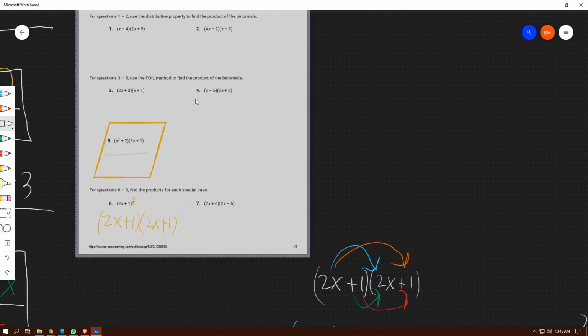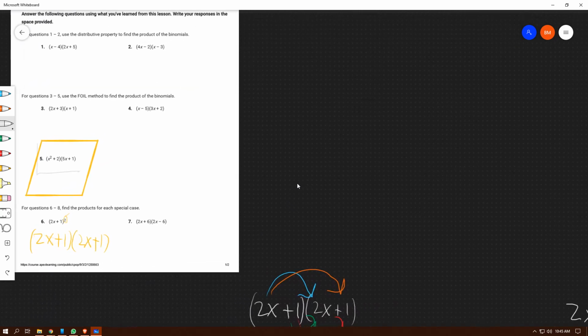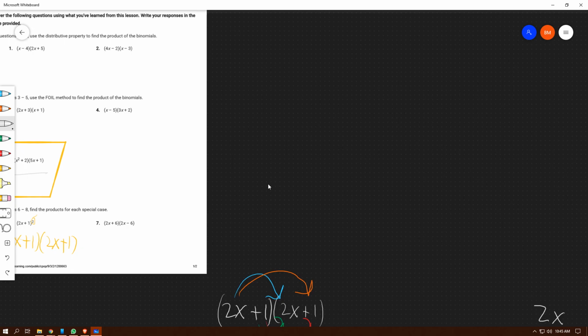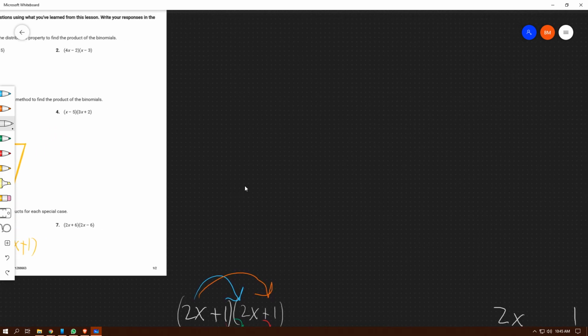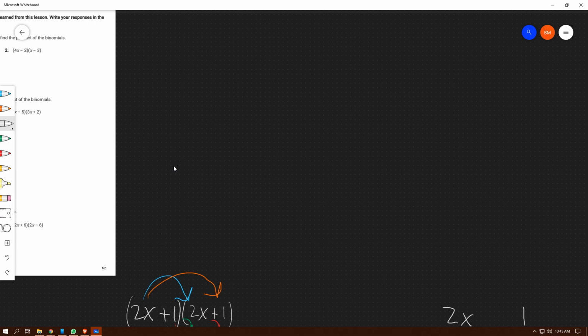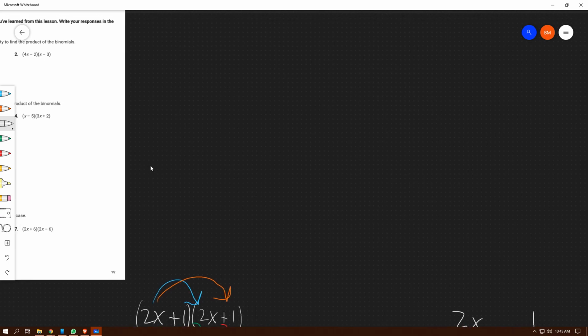All right, we'll do one more. We'll do number 4. It's going to be more unique, I think. All right, now I'm going to do this one with less colors as well. So we do x times 3x.